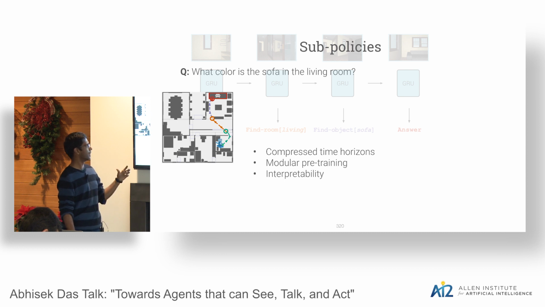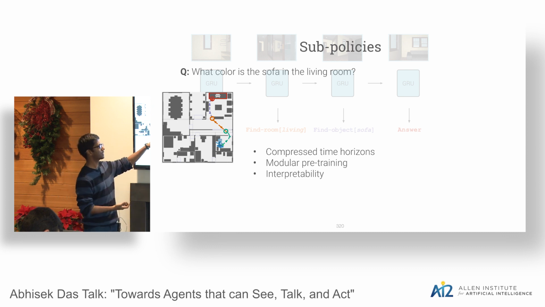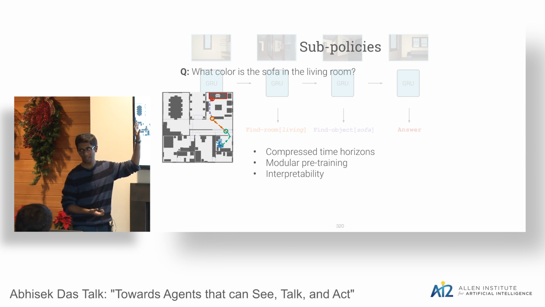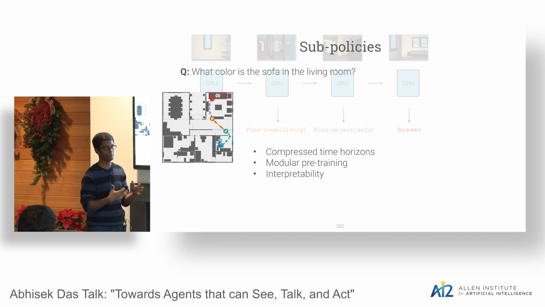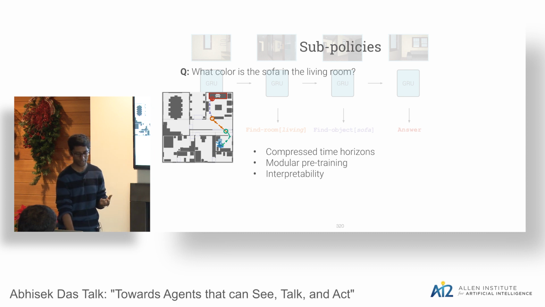The reason we picked this abstraction, this hierarchy, is because it lets us train each of these subpolicies and the master policy individually with supervised learning, before putting them together and jointly training with reinforcement learning. And these subgoals also induce some notion of intermediate interpretability on what our agent is predicting.